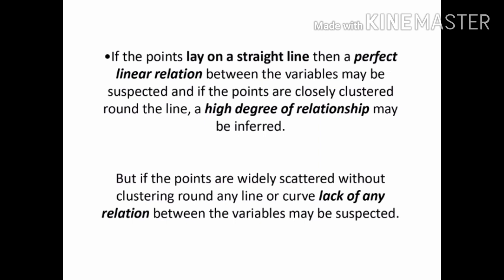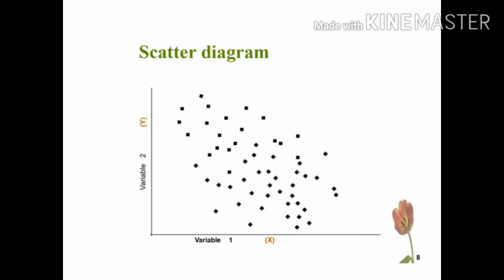And we can conclude based on the scatter plot. The first one shows a linear relationship and a high degree of relationship, and the other shows a lack of any relationship between the variables. And now we can see the scatter diagram.